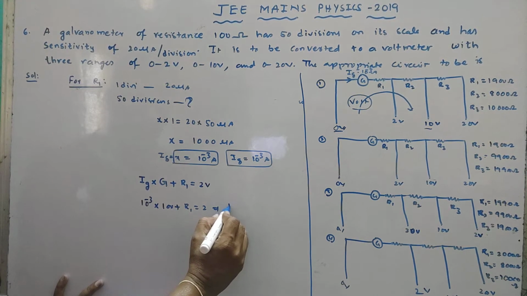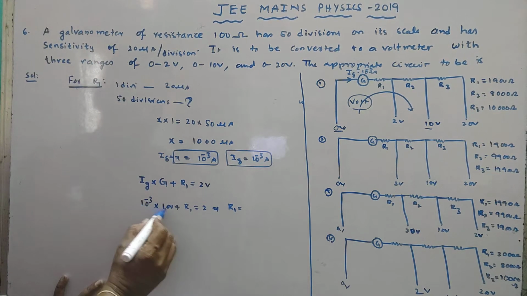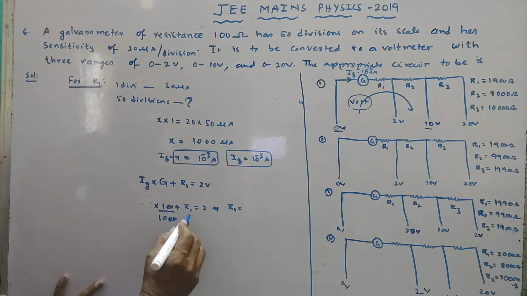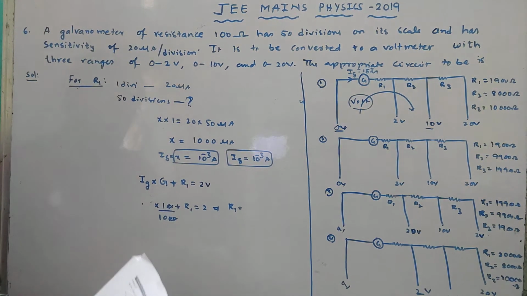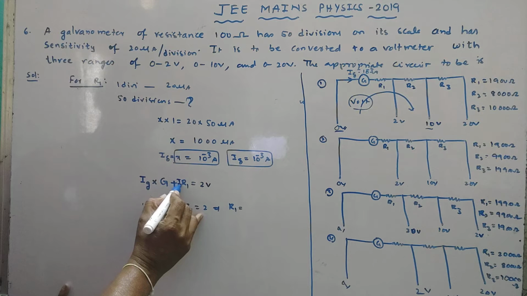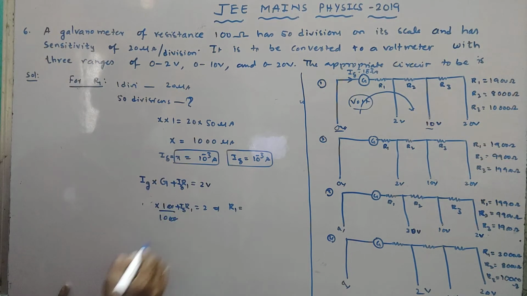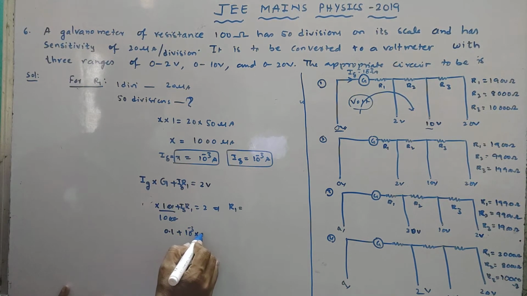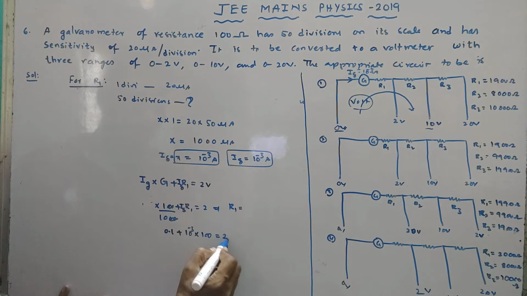For R1, 10 power minus 3 into 100 gives 1 by 10. Through R1 also the Ig current is passing, so Ig into R1. So 0.1 plus Ig, 10 power minus 3, into R1 equals 2 volts.